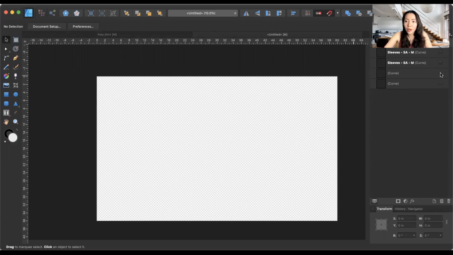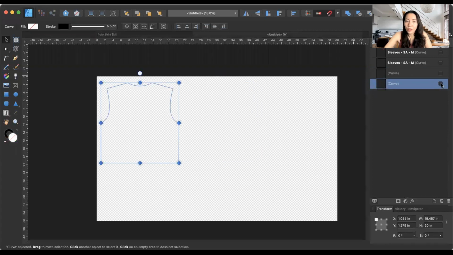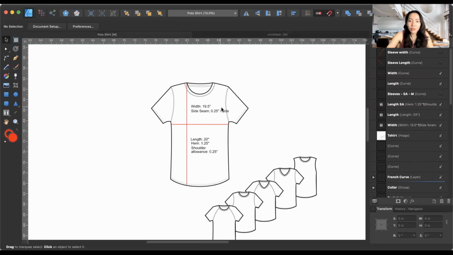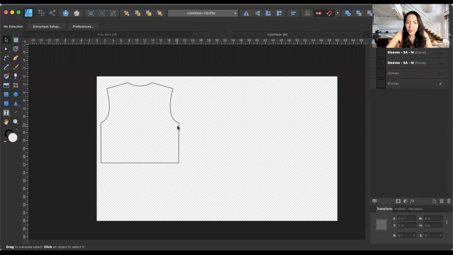So bringing up your bodice pattern, now that you know that this is 19.5 plus 0.25 per side, that's 20. So your width is 20, so you know that it's 1/3 of the width of the fabric.